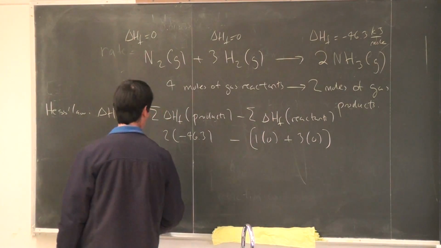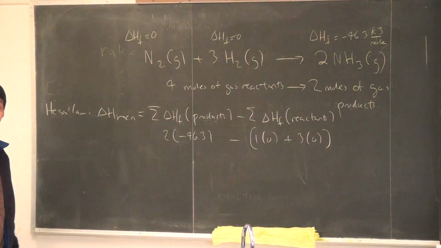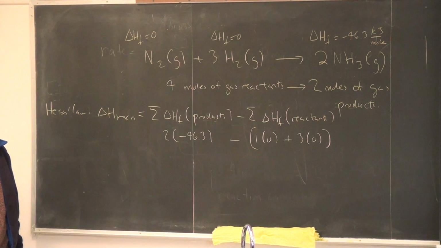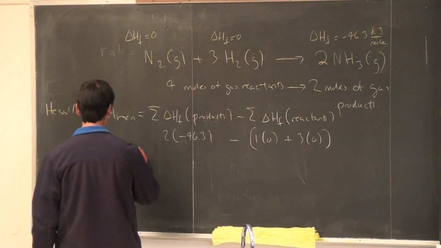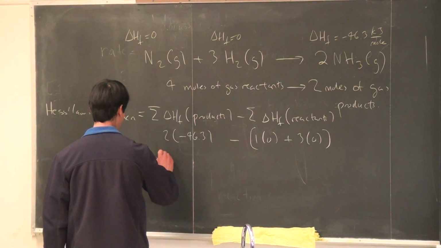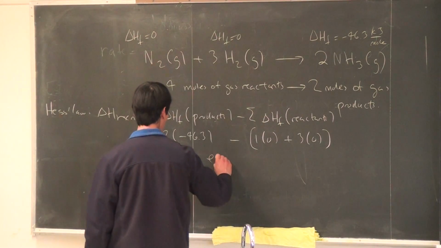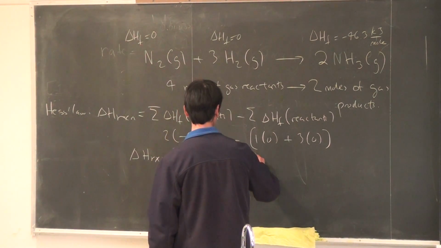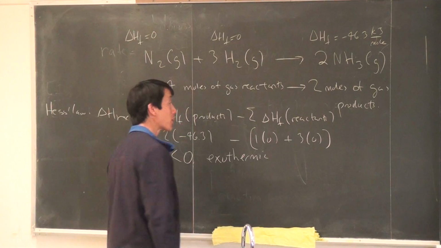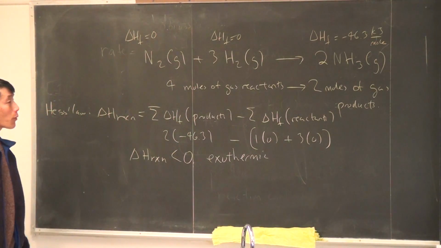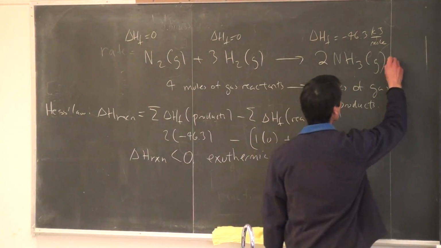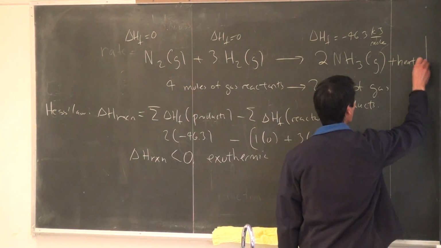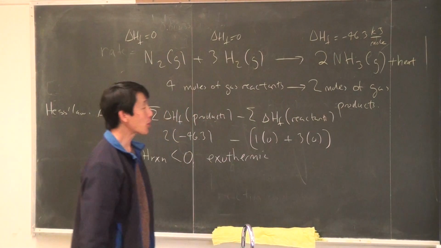So delta H of reaction is going to be positive or negative? This should be negative. So delta H of reaction should be less than 0. This means it's exothermic, so heat is considered a product or reactant? Heat's going to be a product, so let's put heat here. Based on this, why do we need to use a low temperature?